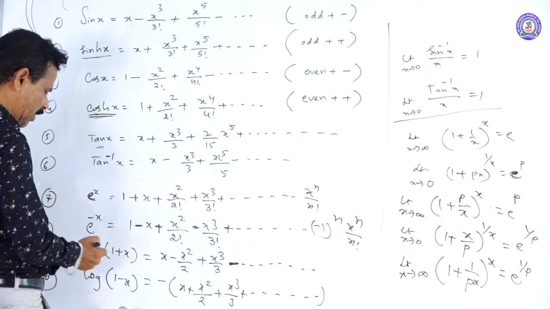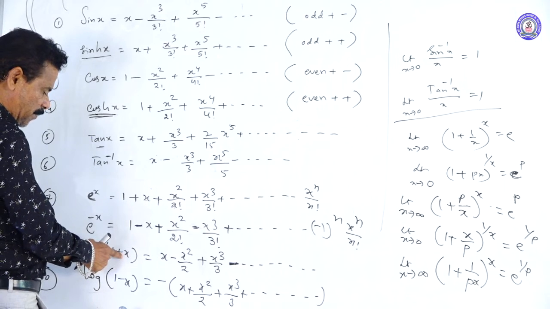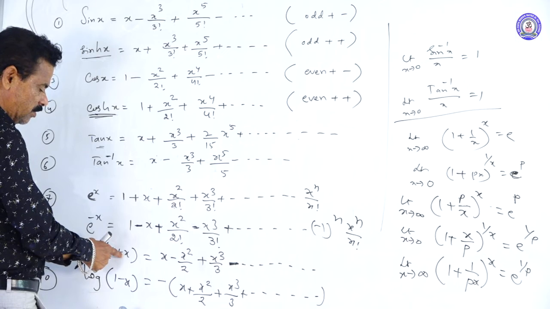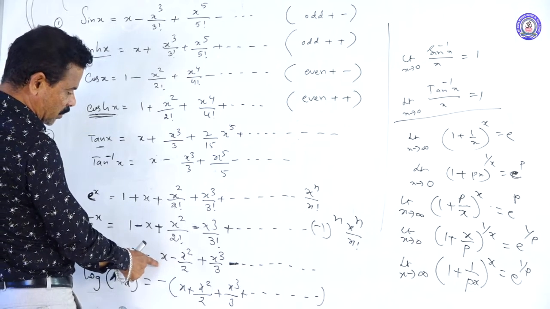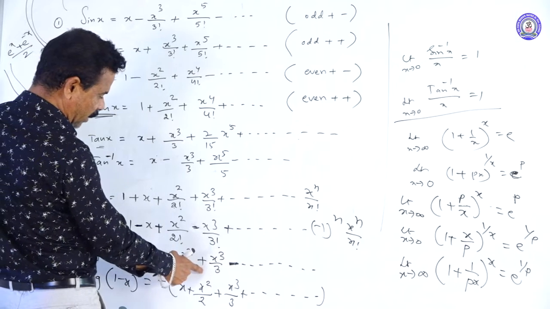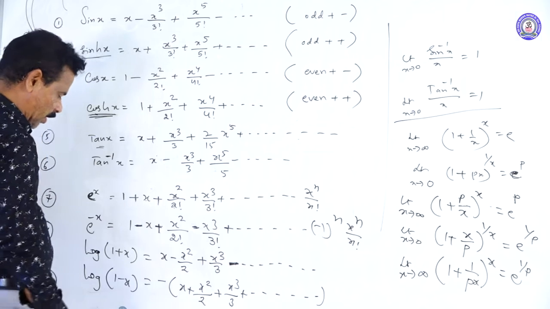This is the logarithmic expansion, log of 1 plus x, where the modulus of x is less than 1, a very small value. It is x minus x square by 2 plus x cube by 3, minus and plus alternately, continuing.